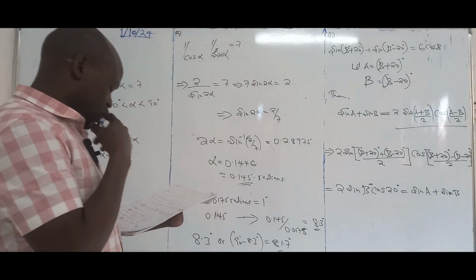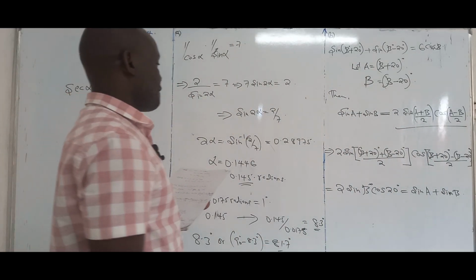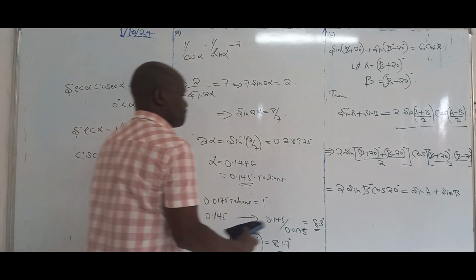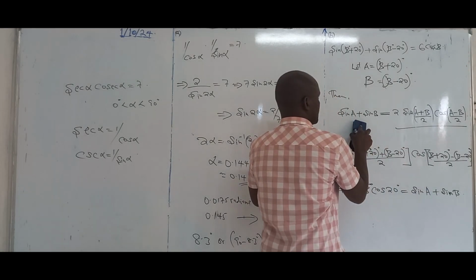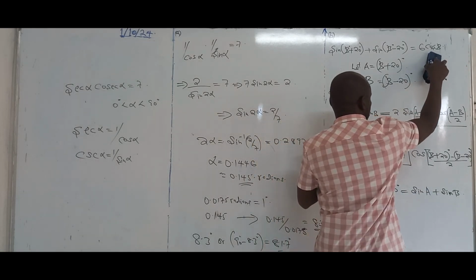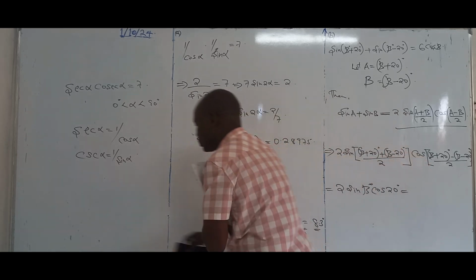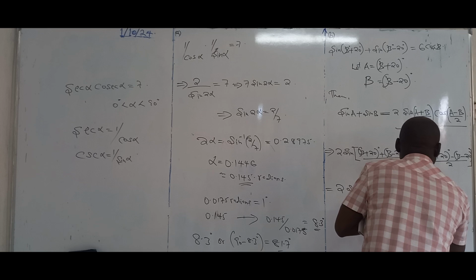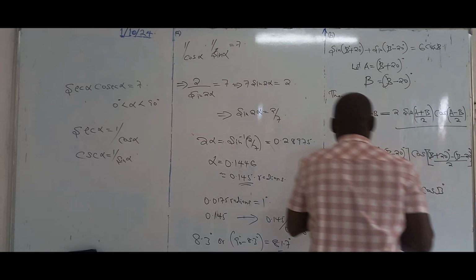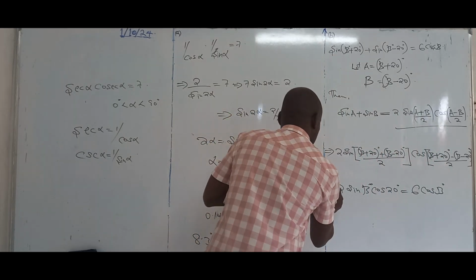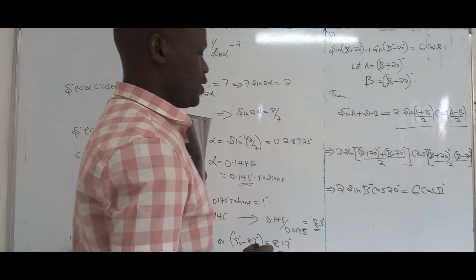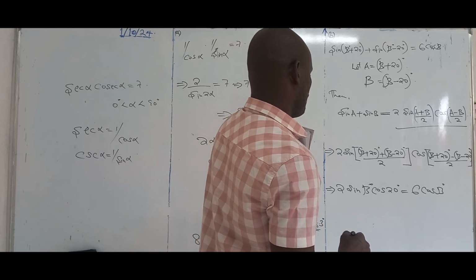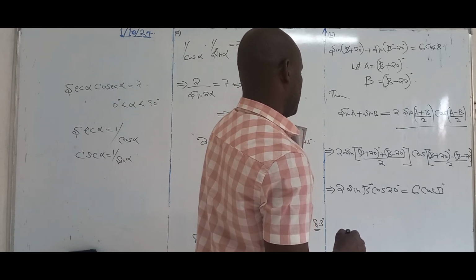So what that means is that this is this, which is this. For this purpose, I write cos of beta degrees. So I can divide each term by cos beta.